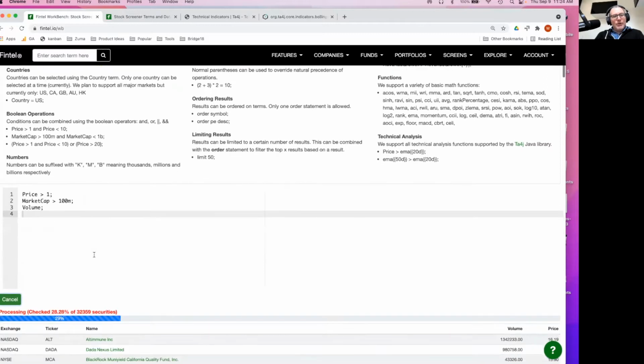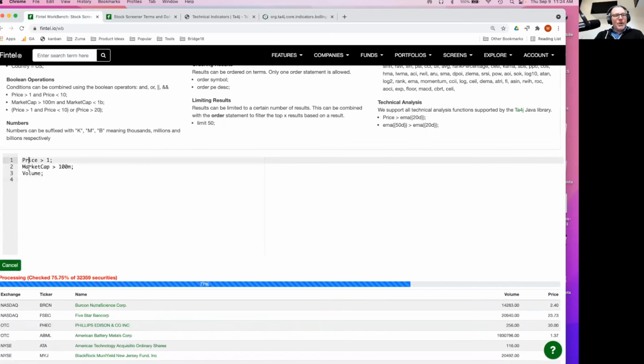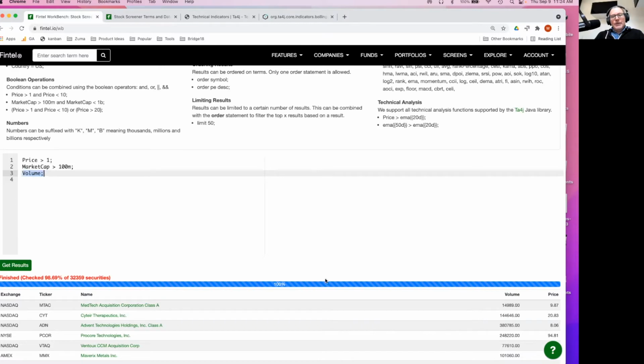It's supposed to say price, market cap, and then just add volume to the results as a pass-through term. It's not going to filter on that. But what it's actually doing is treating this as the only term. It's removing market cap.